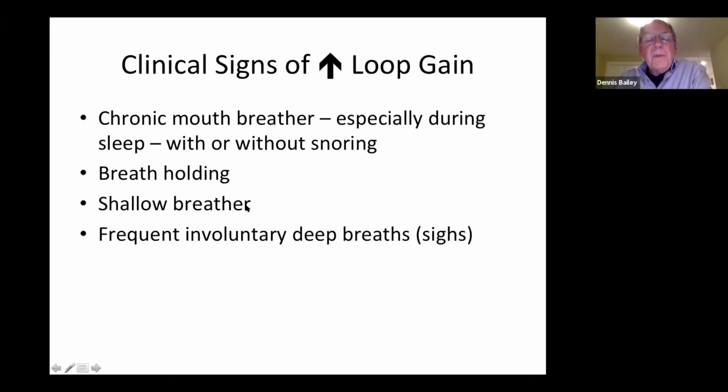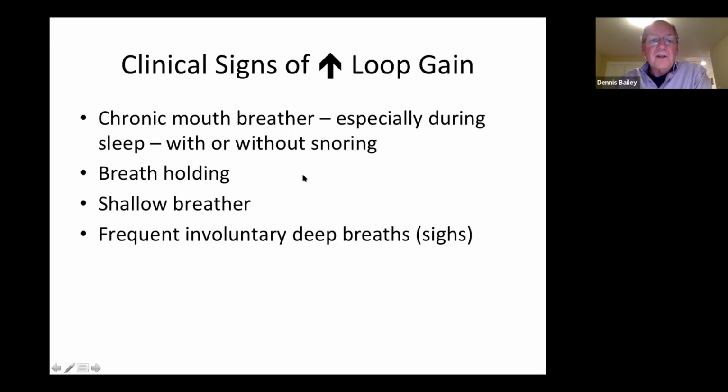But I found that patients who are shallow breathers, who don't take a normal breath, who recognize they're a shallow breather, can sometimes during their shallow breathing actually feel as though they're not breathing or having breath holding, and will frequently have these involuntary deep breaths and sighs. And so this indicates a high loop gain.